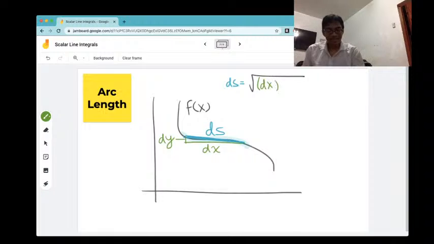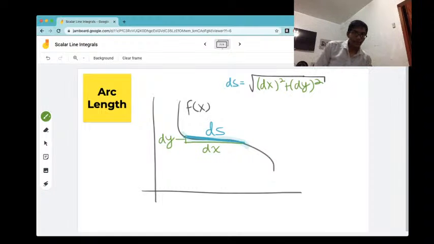Remember that dx and dy here are actually not derivatives. They're not functions at all. They're just infinitesimally small scalar quantities, which is a very important thing to emphasize. So now that I have that, I still don't know my arc length as a parameter of t. Well, recall that I parameterized my function as a parameter of t.